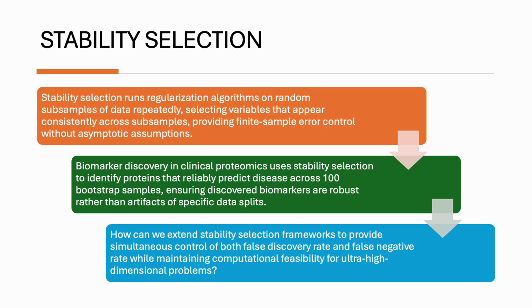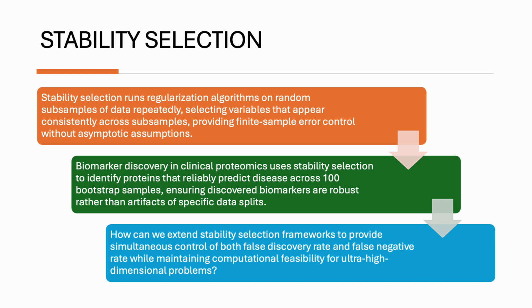So, in the life sciences arena, biomarker discovery in clinical proteomics uses stability selection to identify proteins that reliably predict disease across 100 bootstrap samples, ensuring discovered biomarkers are robust rather than artifacts of specific data splits.